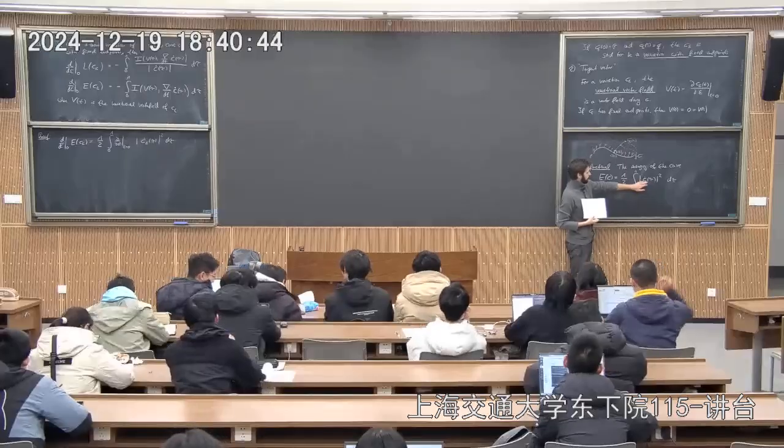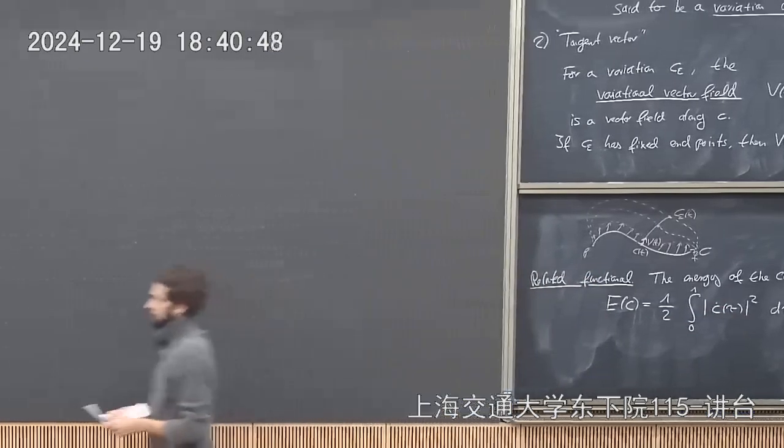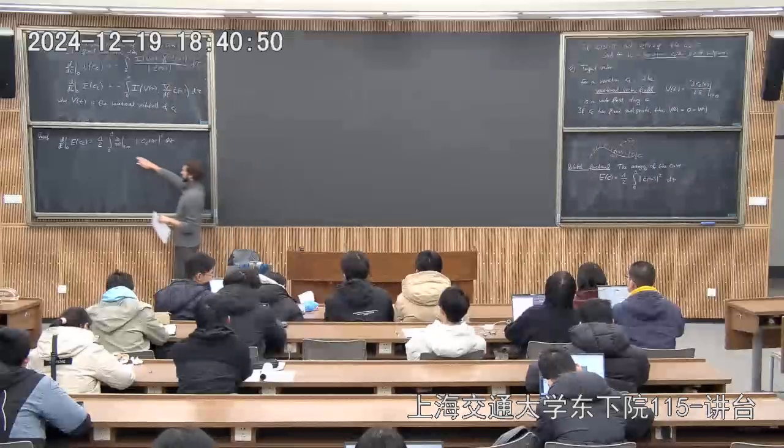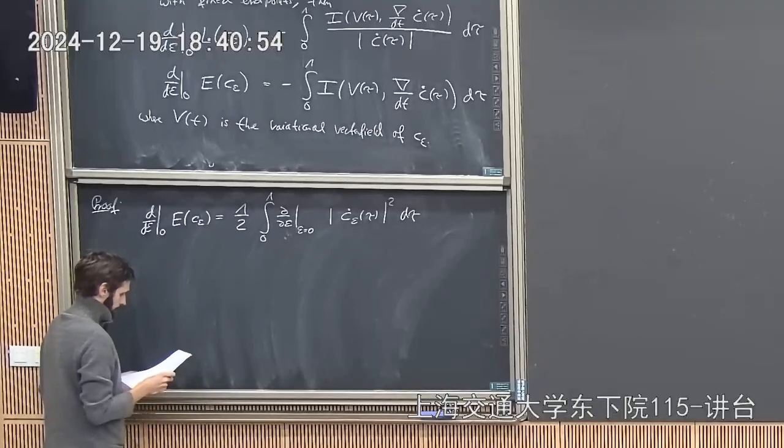So we get C dot epsilon in the tau direction, and then we take the derivative in the epsilon direction. So that's the first step.